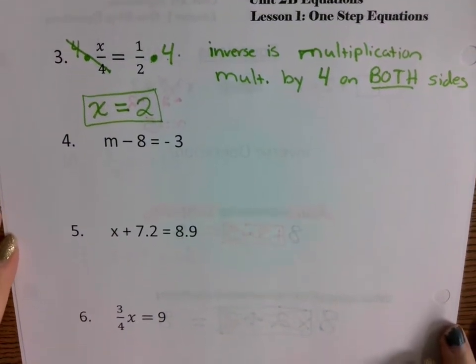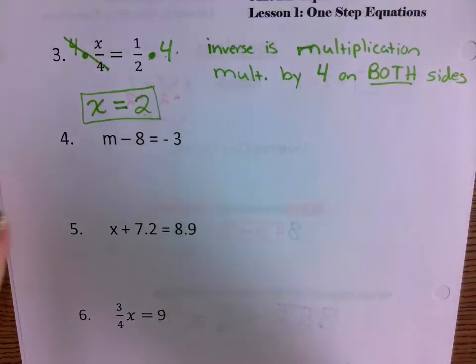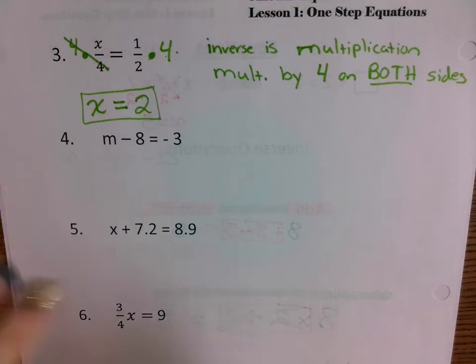Okay, problem number 4. m minus 8 is equal to negative 3. What inverse operation are we going to do here? Marianne, what's the inverse operation here? The opposite operation. What operation are we doing right now?